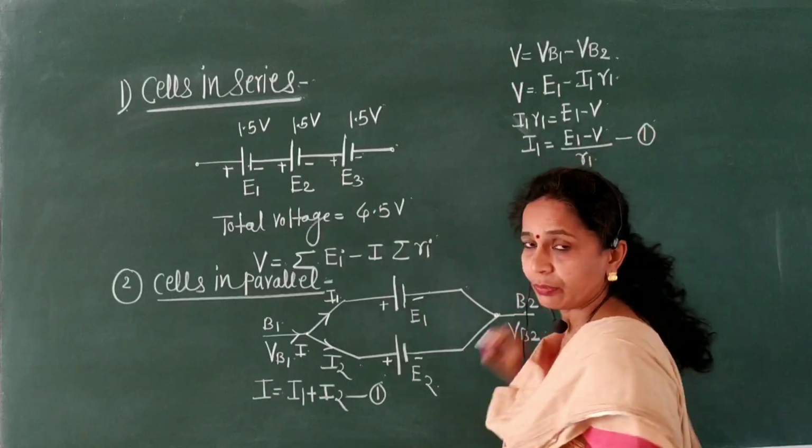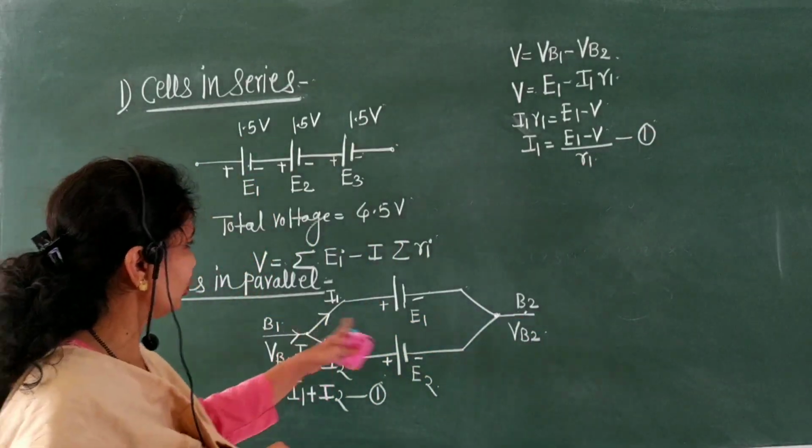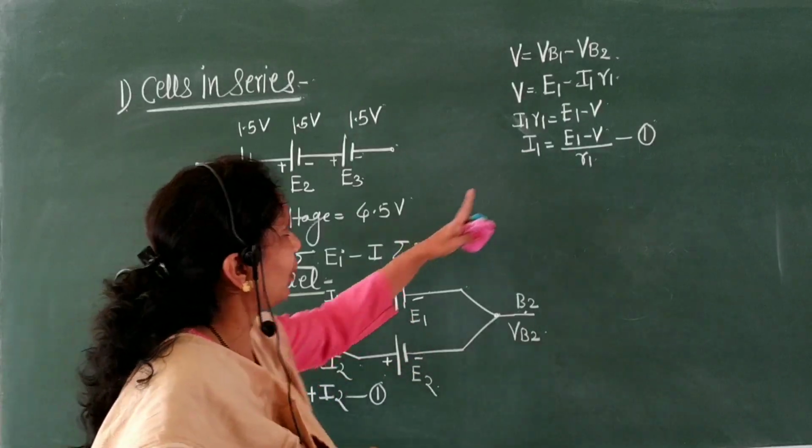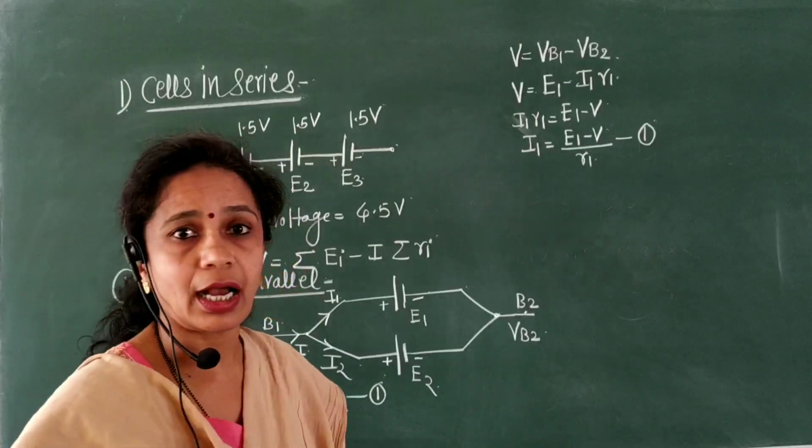Say this is equation number 2. The current flowing through the cell E1 is I1 equal to E1 minus V upon R1.